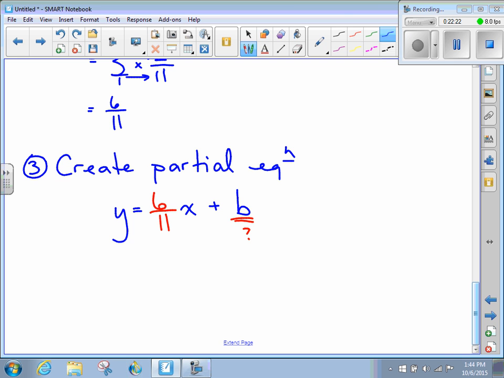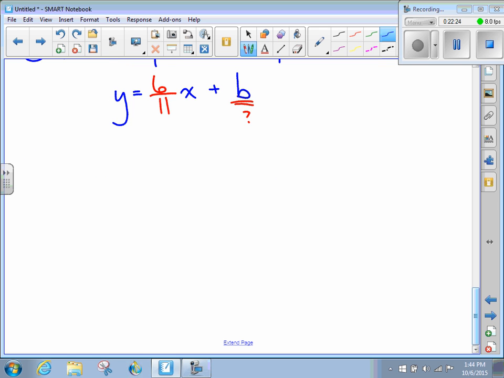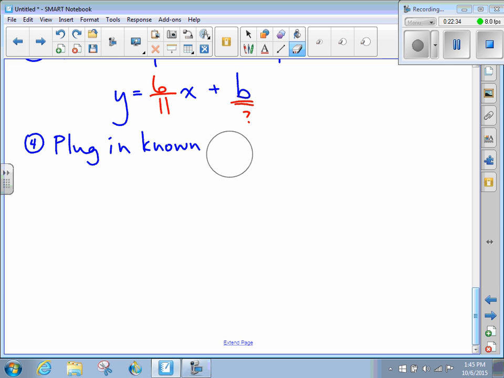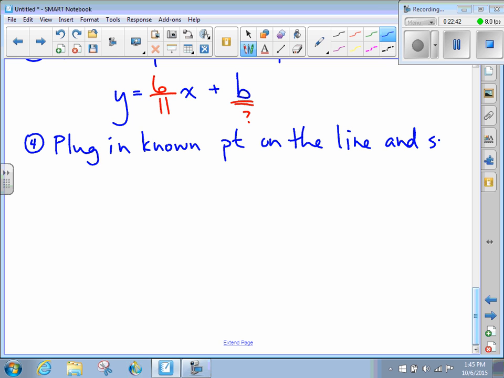So I have to solve for that. So we're going to plug in the known point and solve for the y-intercept.